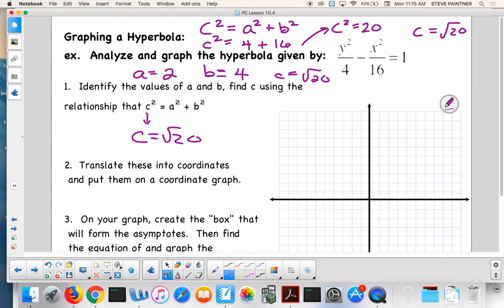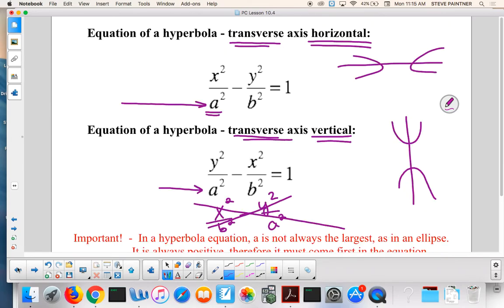In this form, when it's just x squared, y squared, what's the center? Maybe I didn't say it. So the equation of a hyperbola, when it looks like this, has a center at 0, 0.